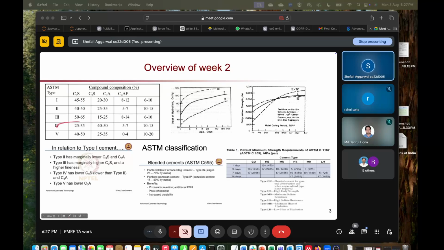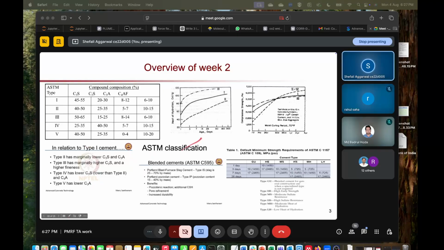Type 4 cement has lower C3S as well as lower C3A. So this is C3S, C2S, C3A, C4AF, and type 4 will have very low C3A composition. These are the different ASTM classifications of cement.